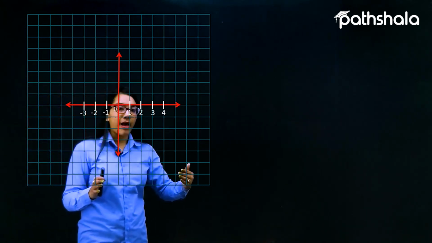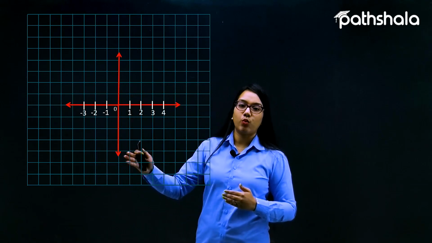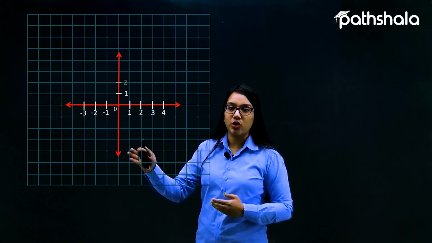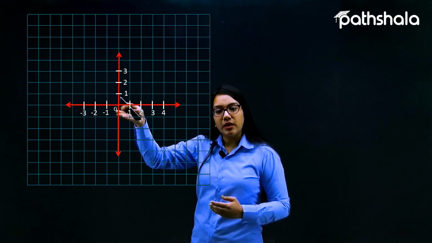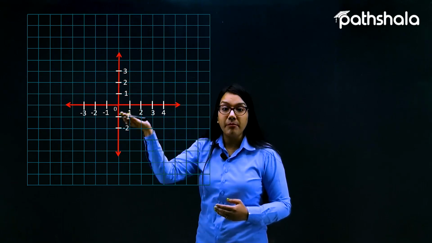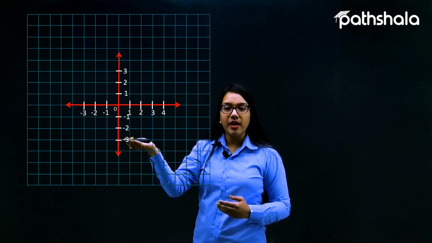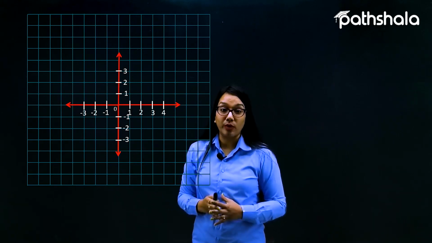In a similar manner, this vertical line is called the y-axis. Now let's mark the numbers on it as 0, 1, 2, 3, 4 and so on, with the positive numbers in the upper direction and the negative numbers in the lower direction. So this is -1, -2, -3, -4 and so on.